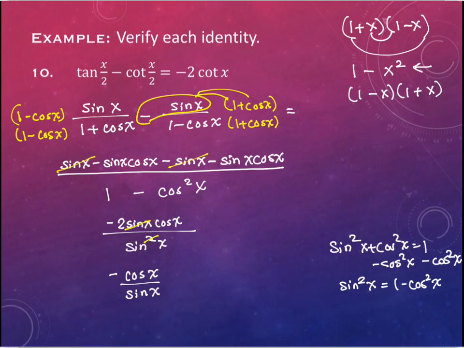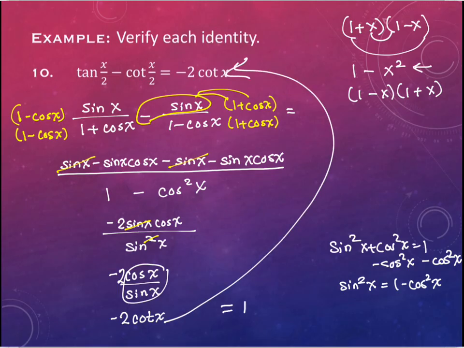Basic formula then, right? I do, thank you. Left my 2 out, problem. Definitely need that. Cosine over sine. It's one of our identities. That is cotangent. So the negative and the 2 stay, and then this piece is cotangent. And lo and behold, that was exactly what we were working toward.